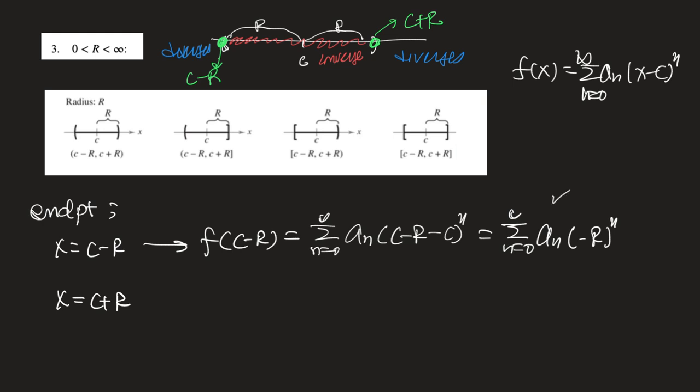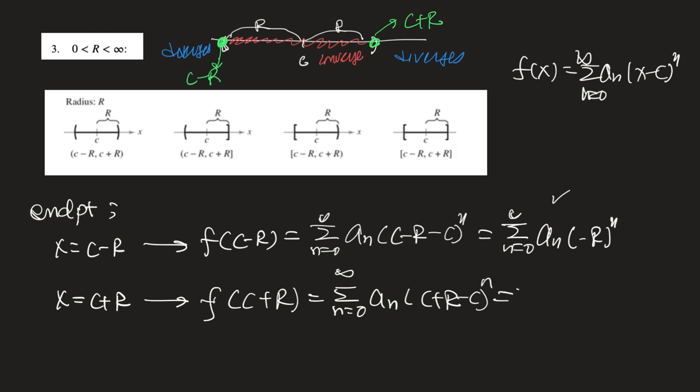Same thing for the right endpoint: f of c plus r, the summation from n equals 0 to infinity of an times c plus r minus c to the n. This one is the summation from n equals 0 to infinity of an times r to the n. So you have to check both power series and decide. If both diverge, the interval of convergence is an open interval on both sides.